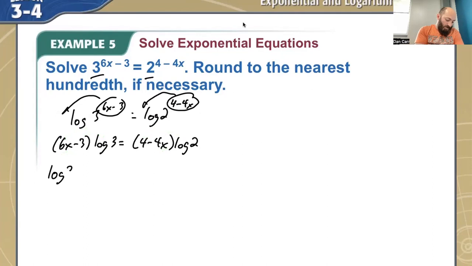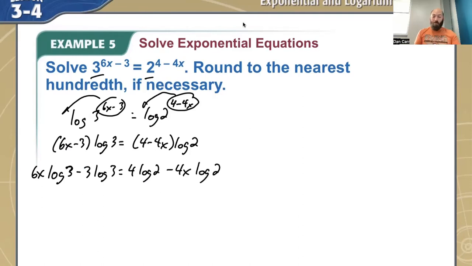I'll say 6x times the log of 3, minus 3 times the log of 3, and that's going to equal 4 times the log of 2 minus 4x times the log of 2.